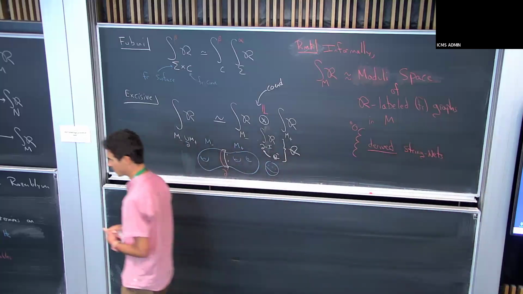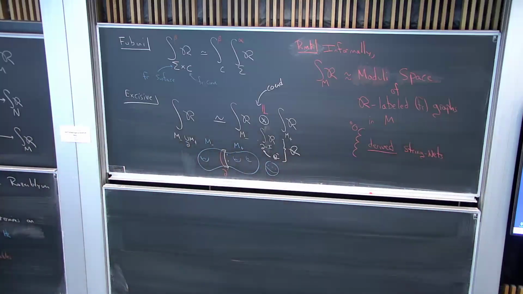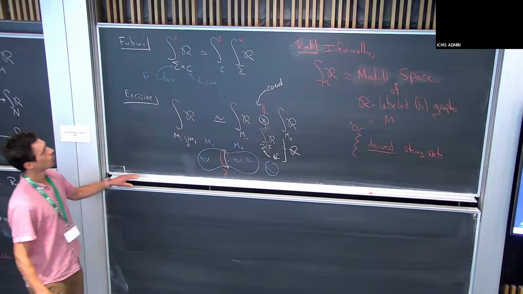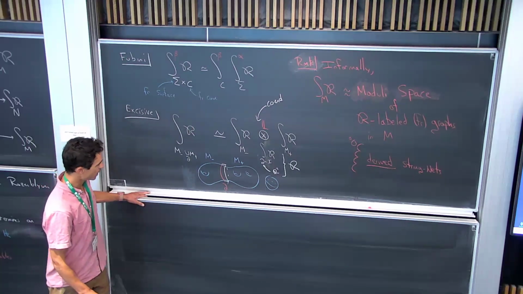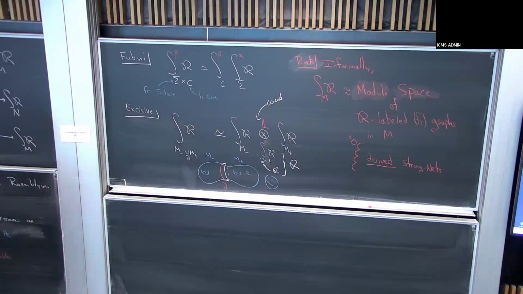Sorry, could you please repeat what these alpha and beta in red are in the Fubini statement? Thanks, I should have mentioned this.